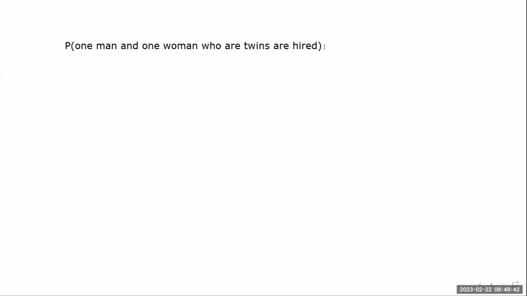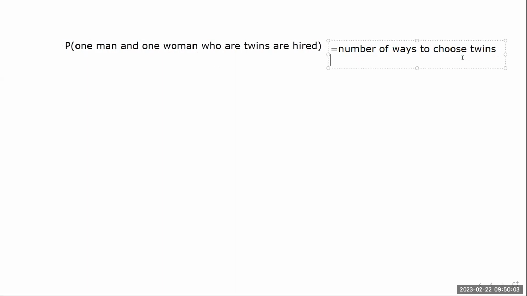So this is equal to, now, not the number of twins, and that's the trick. This is the number of ways to choose the twins from the group, not the number of twins there are.